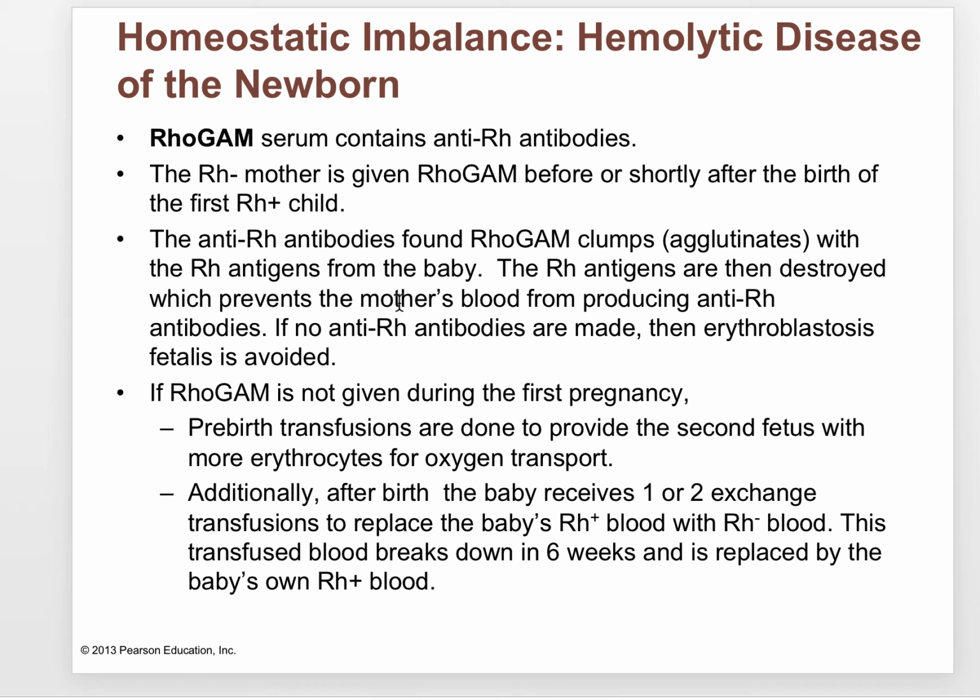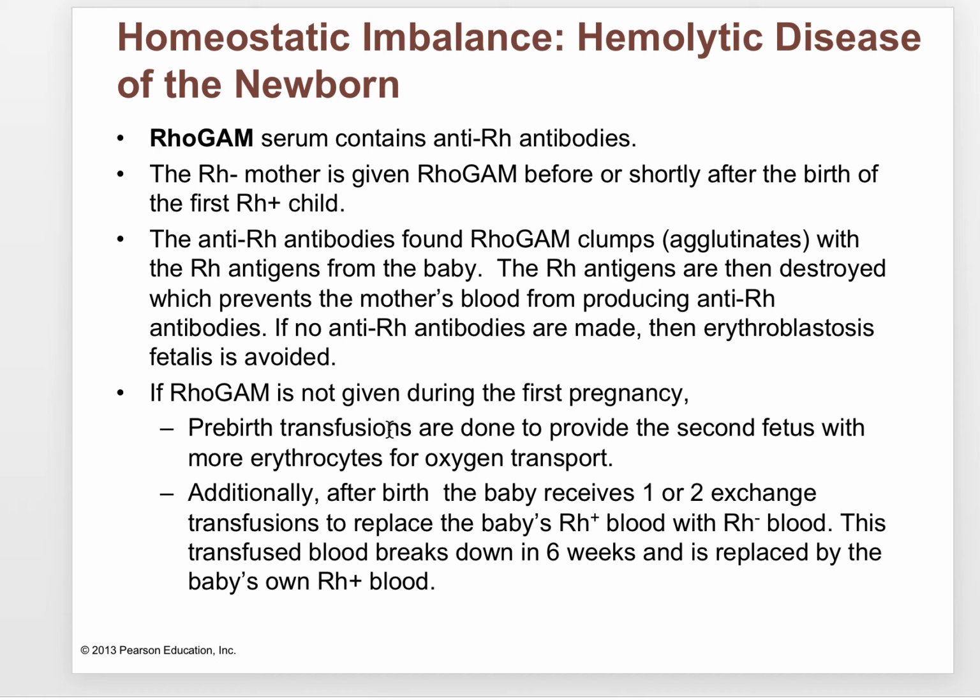Let's say they didn't get good prenatal care and it wasn't recognized that there was a mismatch between the blood of the mother and the blood of the baby, and RhoGAM was not given during the first pregnancy. Sometimes they require a transfusion before birth to try to put more red erythrocytes in there to make it available for oxygen transport.